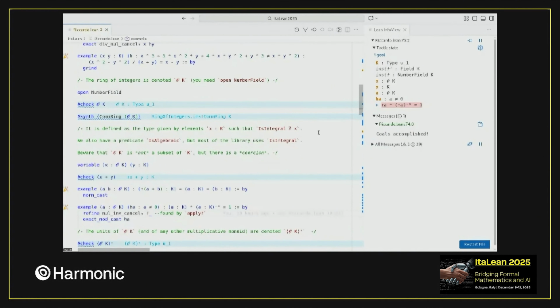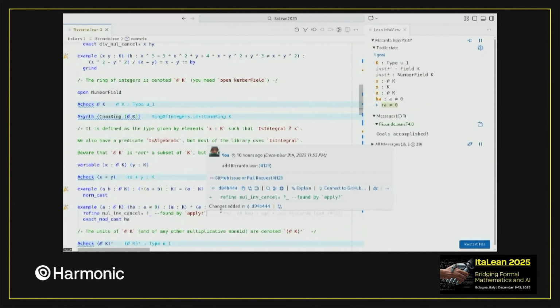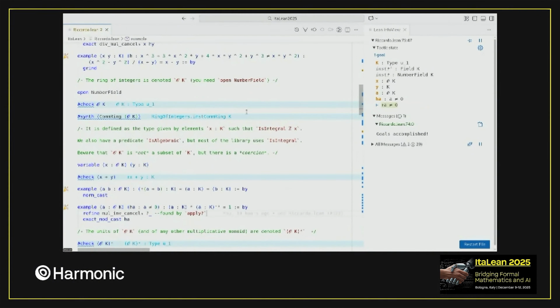And what you can try in this line, if you write exact question mark, so you ask Lean, well, do you already know exactly this result? You are a little bit disappointed because you discover that this result is not in Mathlib. And you can say, okay, these Mathlib guys are not doing their job, but Lean says, you can try apply question mark that gives you the goal, but leaving you a smaller goal.